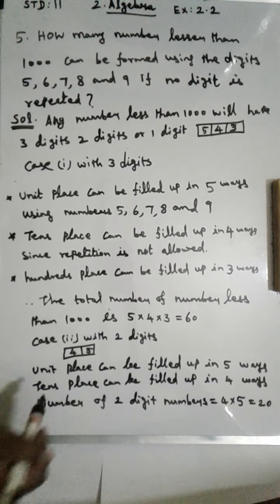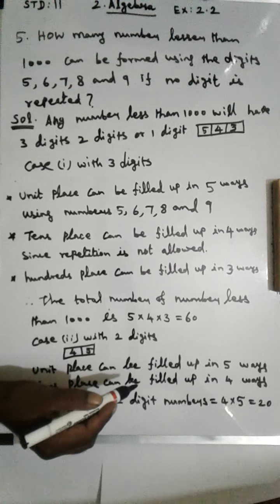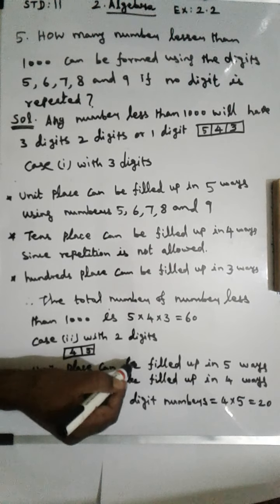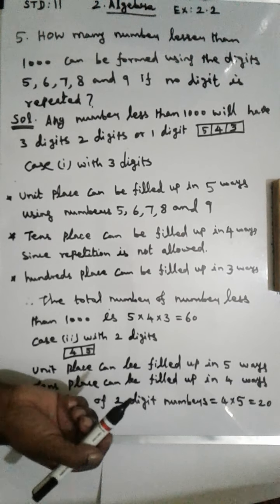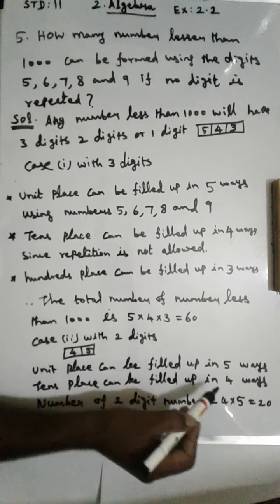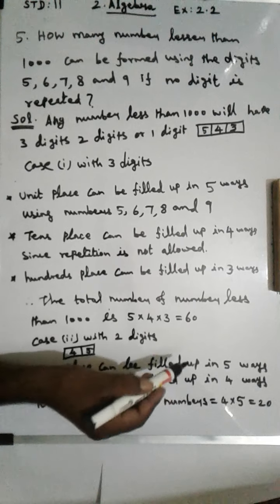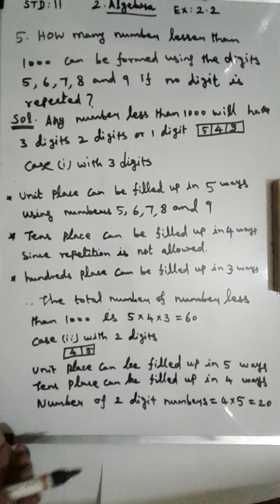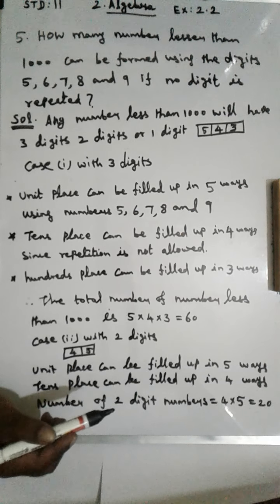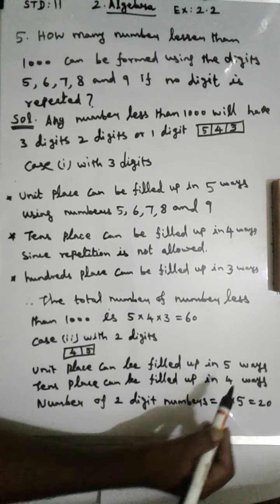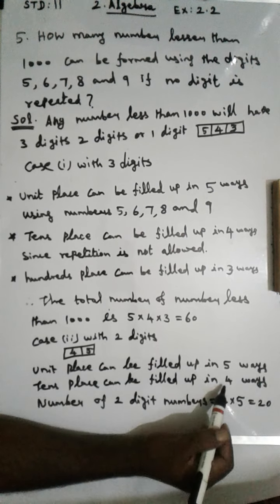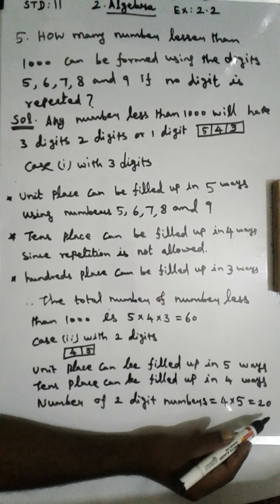Next, the tens place can be filled in 5 minus 1, because one number is used and it should not be repeated. So 4 ways for the tens place. The number of 2-digit numbers is unit place 5 into tens place 4, 4 into 5 equals 20.